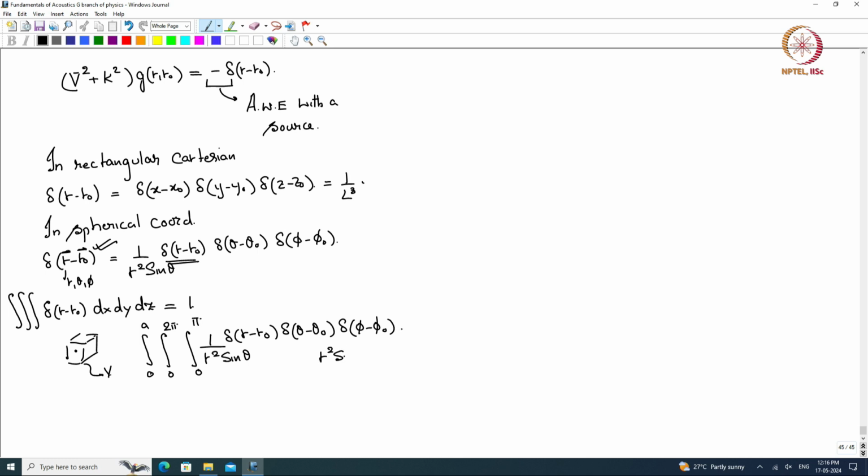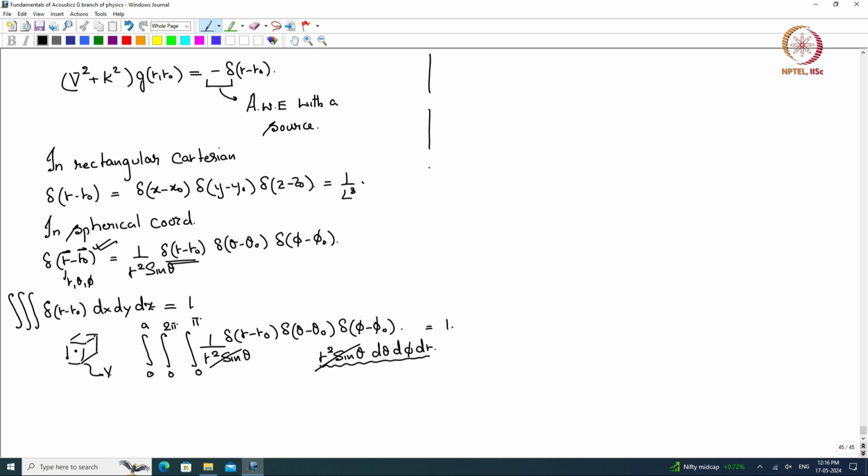So, I need this elemental volume r² sin θ dθ dφ dr. This is the volume element in spherical coordinates. Now this cancels with that, and if I integrate now, I get a 1. So, that is how a 3D delta looks in spherical coordinates.